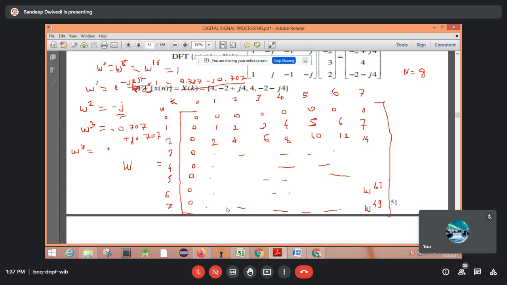Correct है? So this will be cos pi minus j sin pi. Cos pi is what? -1 and j sin pi, so that will be 0. So this will be simply -1.